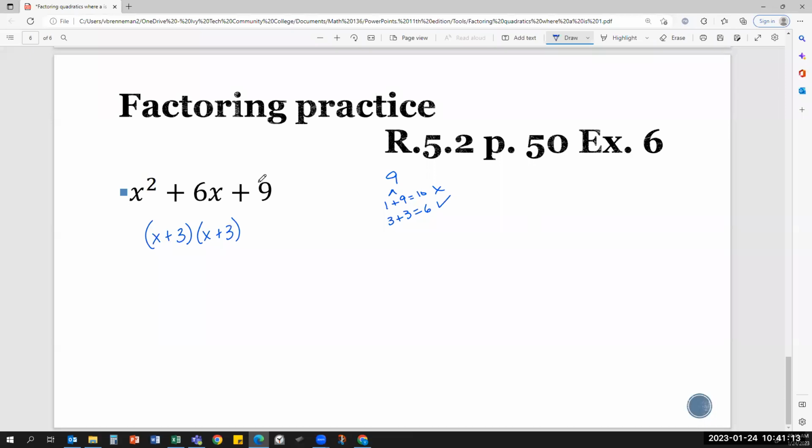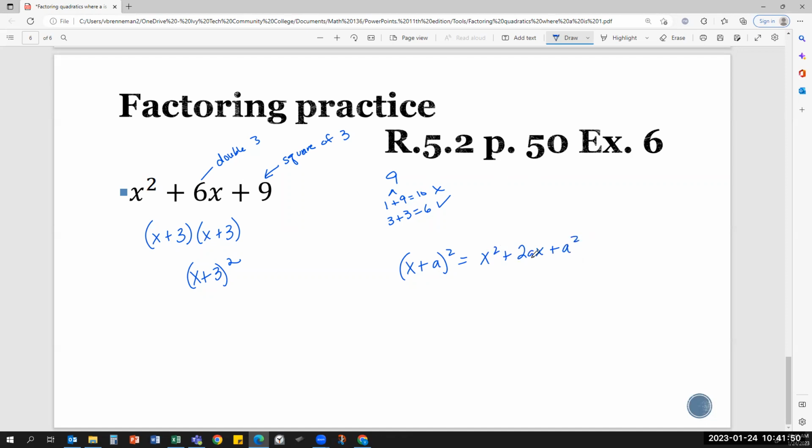If you happen to notice that C is a perfect square, in this case, 9 is the square of 3, and then if B happens to be double the thing that C is the square of, then it's going to be a perfect square. You have the idea of x plus a squared is x squared plus 2ax plus a squared.